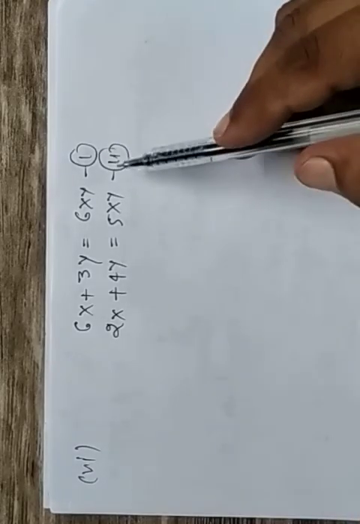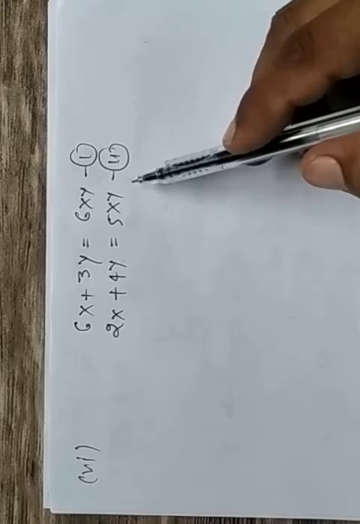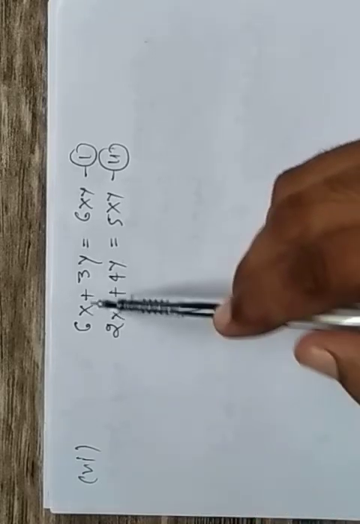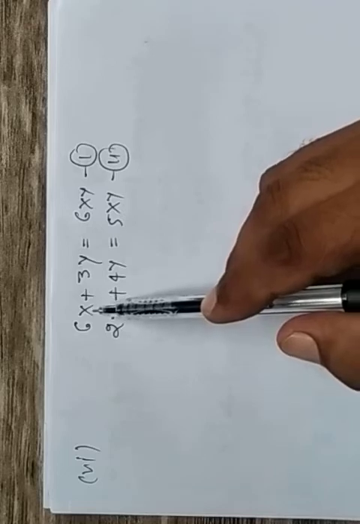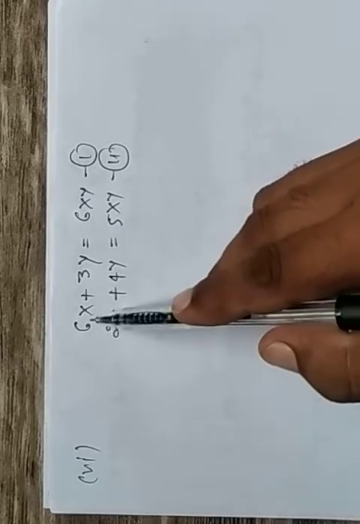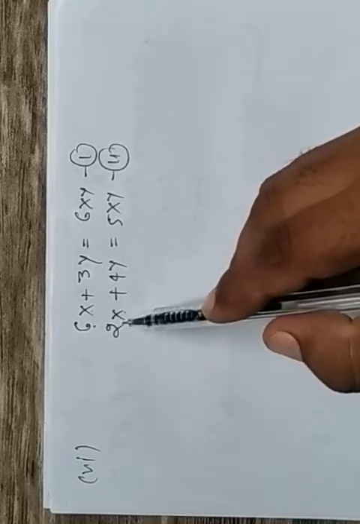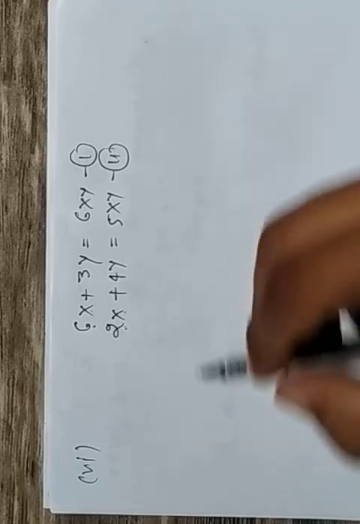Now see students, how can we solve this type of equation? Before solving, firstly we will compare their coefficients. We can see the coefficient of x is 6 in equation number 1, and the coefficient of x is 2 in equation number 2.